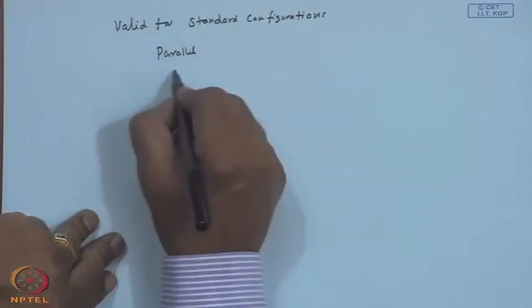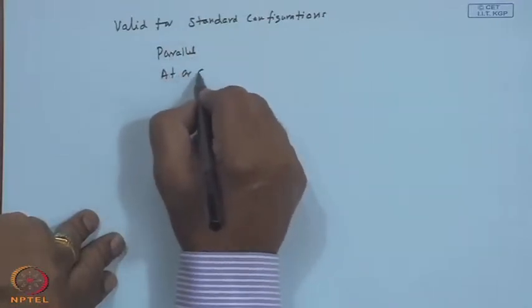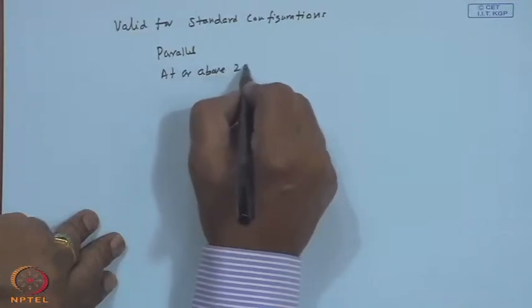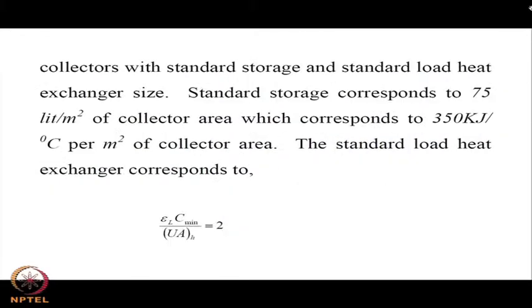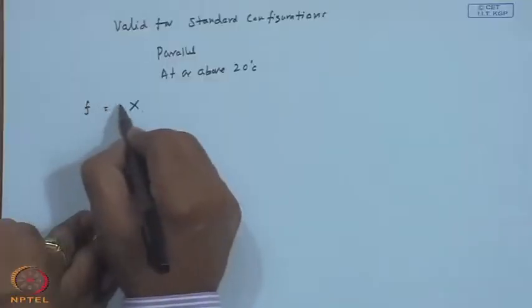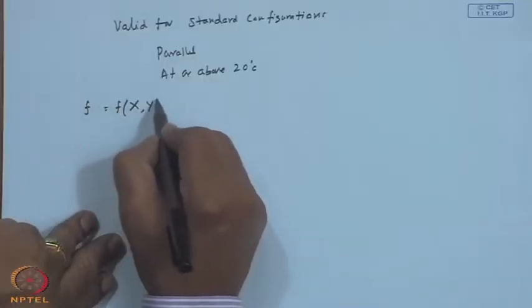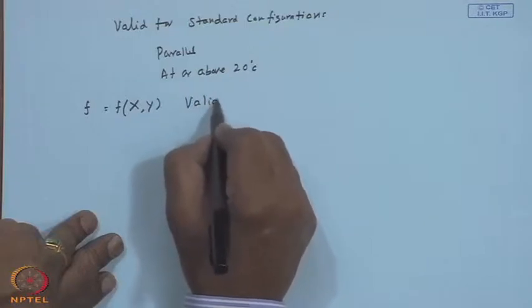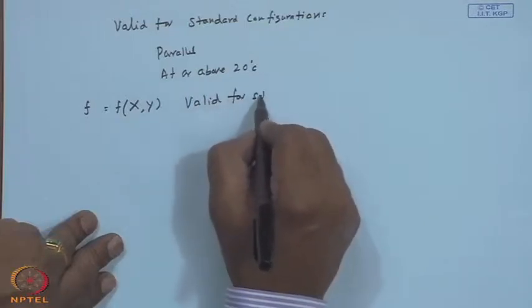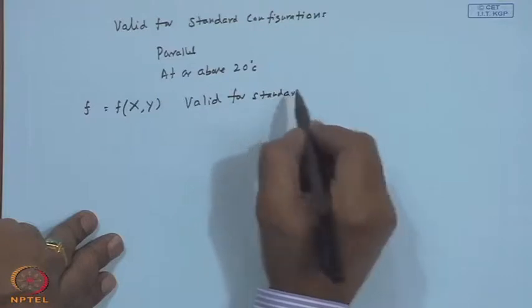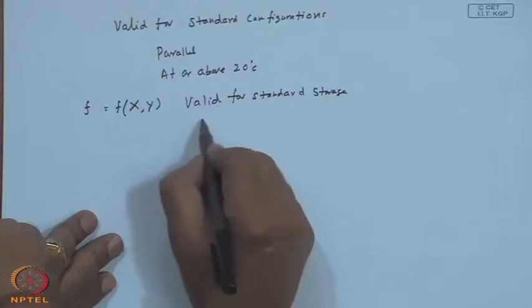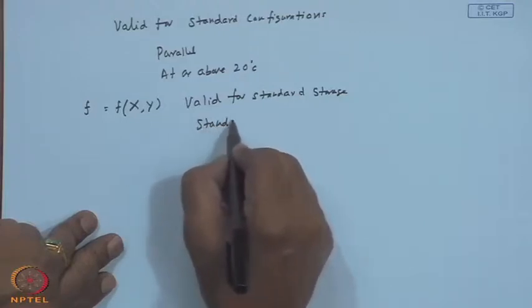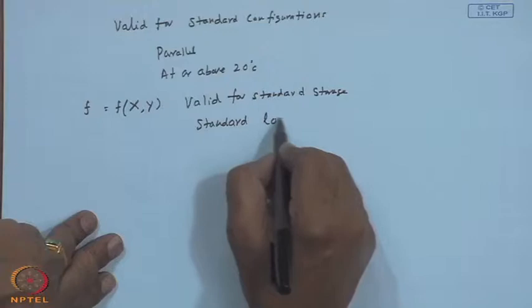Then energy delivery at or above 20 degrees C. So, the equation of F in terms of x and y is valid for standard storage, just like the case for the air systems, and standard load heat exchanger.